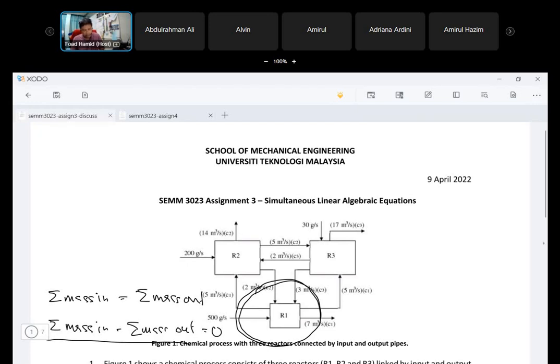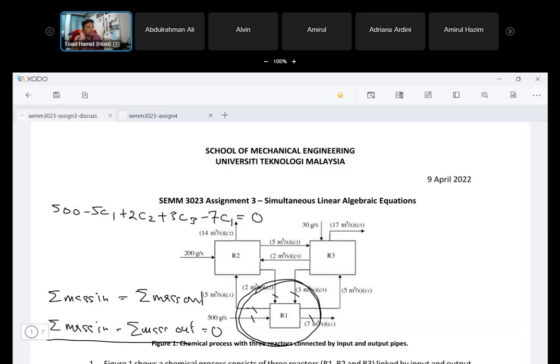This one is coming in as positive 500. This is going out, minus 5C1. This is coming in, plus 2C2 plus 3C3, minus 7C1. It must equal 0.